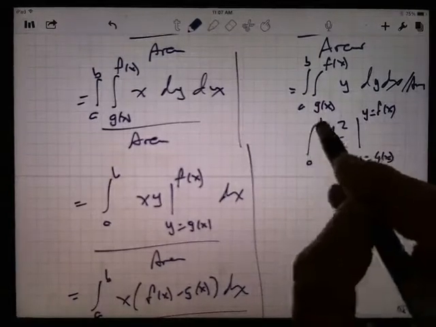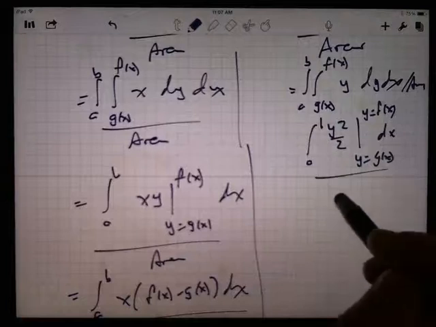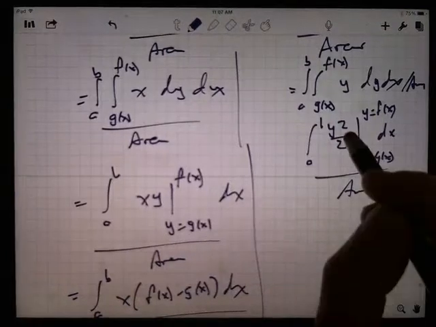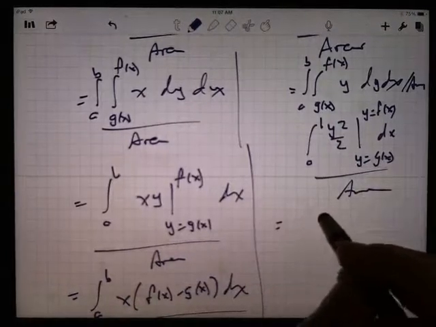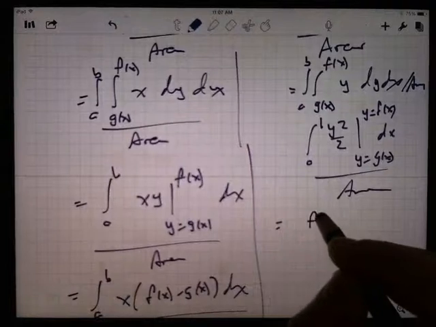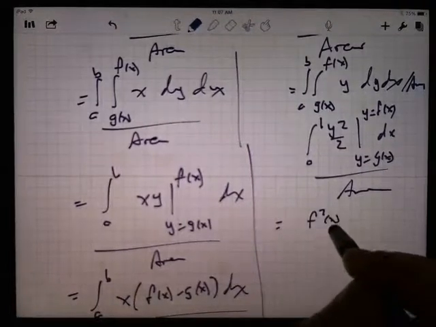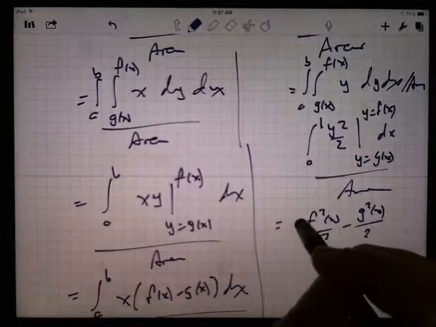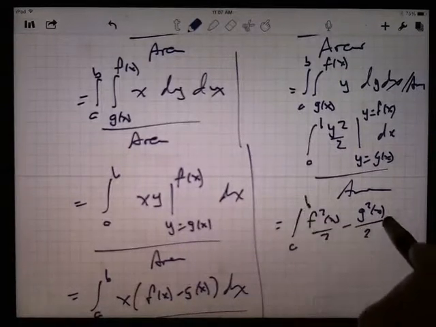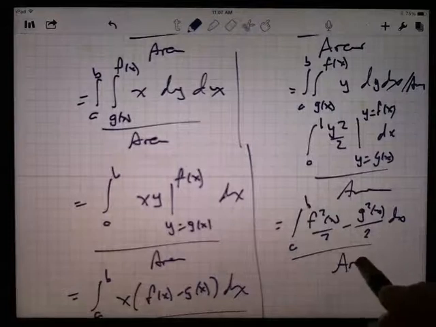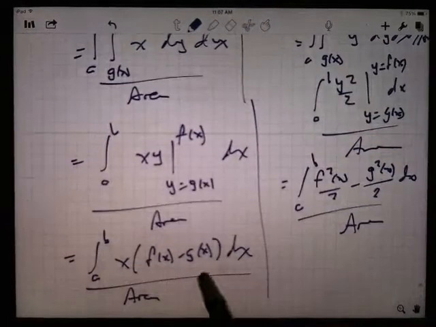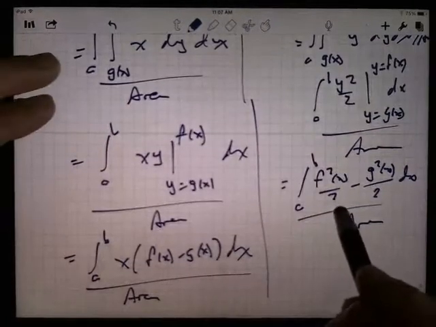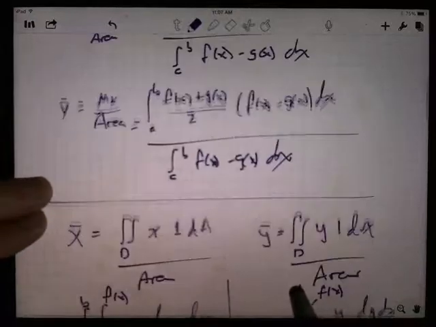So I still have the integral from a to b of dx, and I'm still dividing by the area. But look what we have. We've got f squared divided by 2 minus g squared divided by 2, integrated from a to b dx divided by the area.